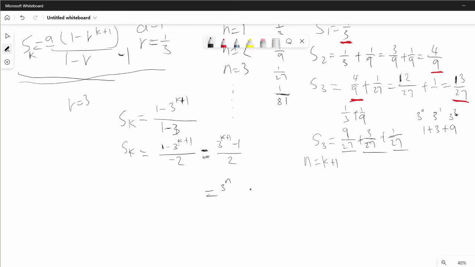So I'm going to plug n for k now. It would be 3^n minus 1 over 2. That will be the sum of the numerator, not the denominator. And then we can now divide by the denominator, which, as we established, is 3 to the n.